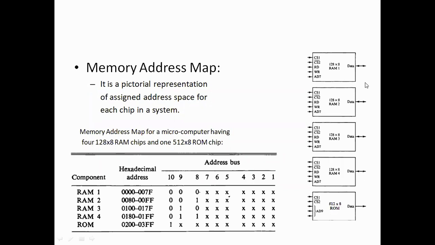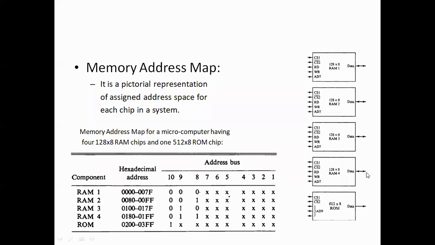So we are taking an example where we have 4 RAM chips and 1 ROM chip, and this is the size. If we look at the total size of the RAM, this will be 128 plus 128 plus 128 plus 128, which means 512. So the total size of RAM will be 512 into 8, and the total size of ROM is 512 into 8.